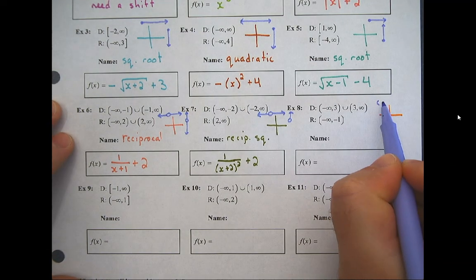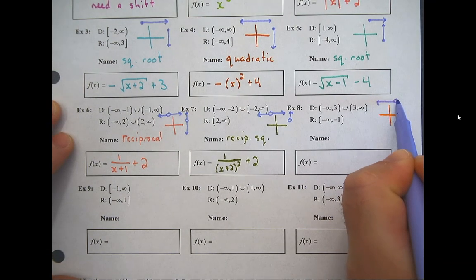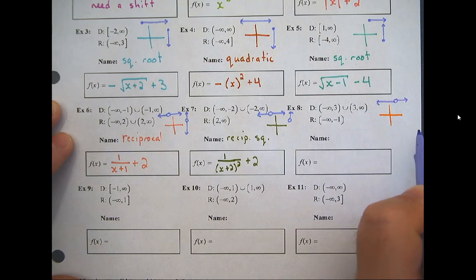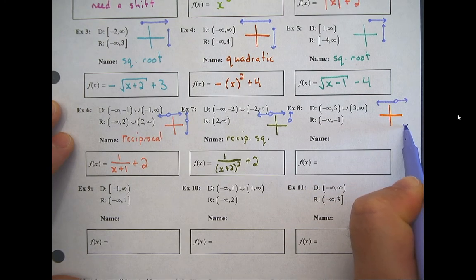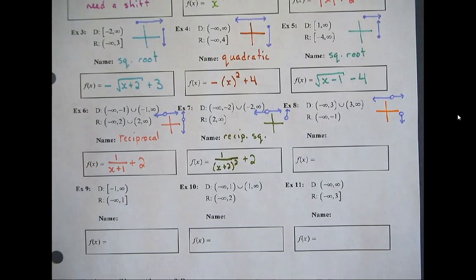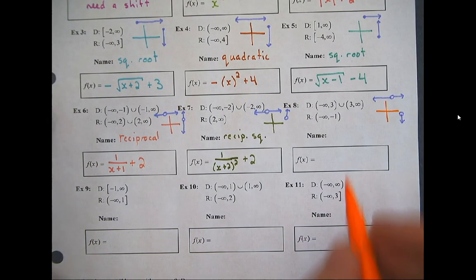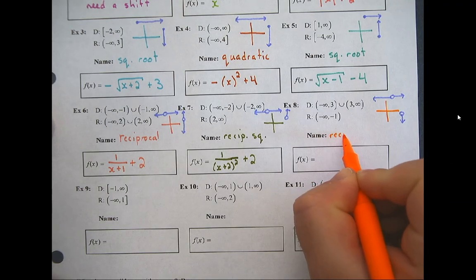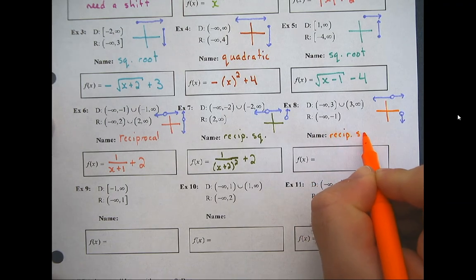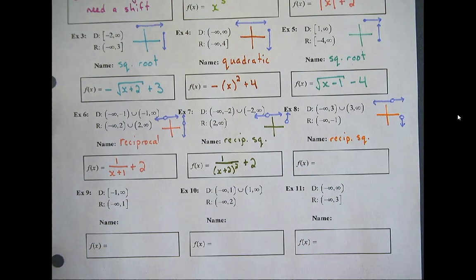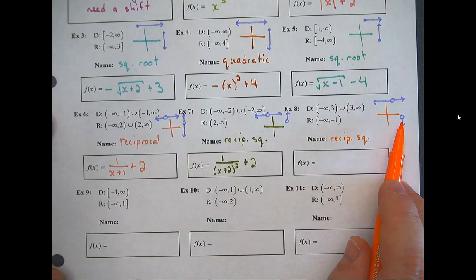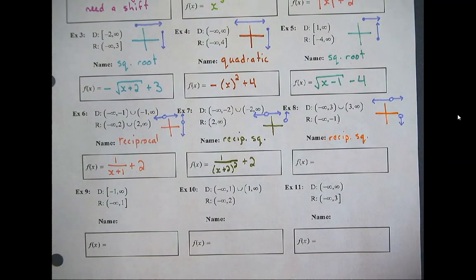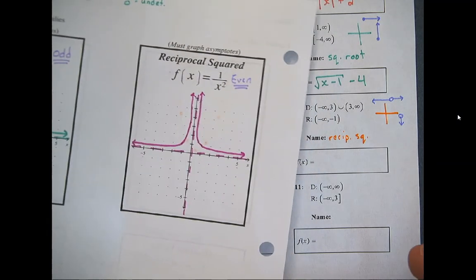So I'm missing 3. My graph starts at -infinity and goes up to -1 and doesn't get included. All right, that's reciprocal squared. This time, though, I do have a negative because my graph, reciprocal squared family, likes to point upward.